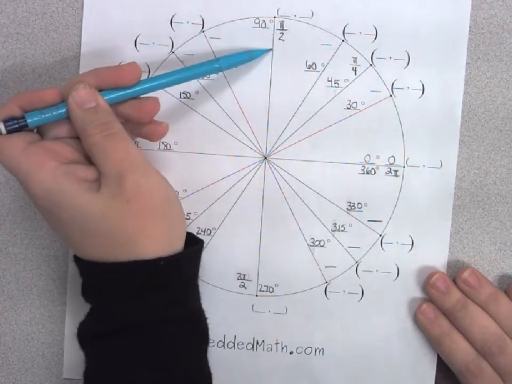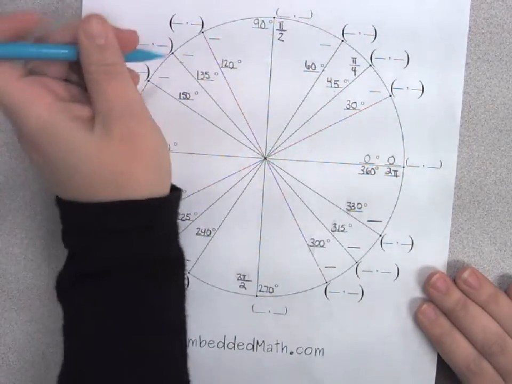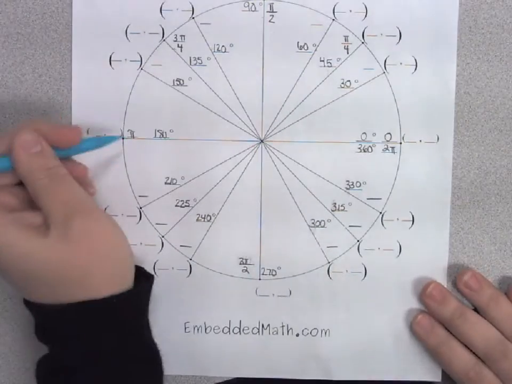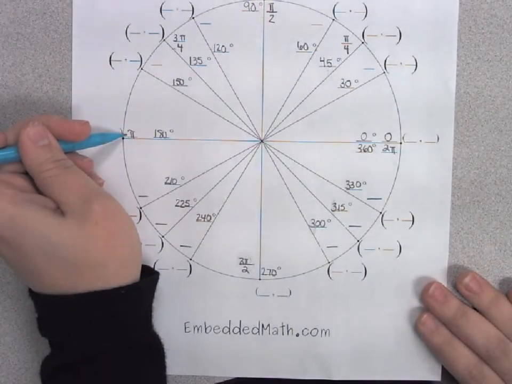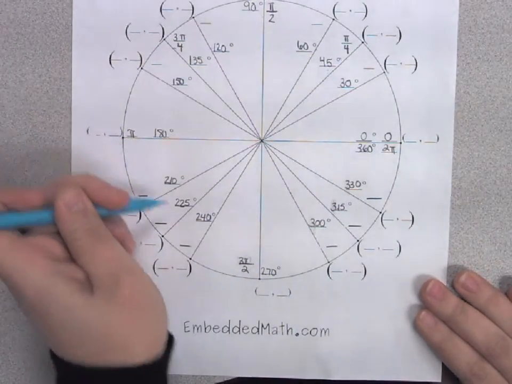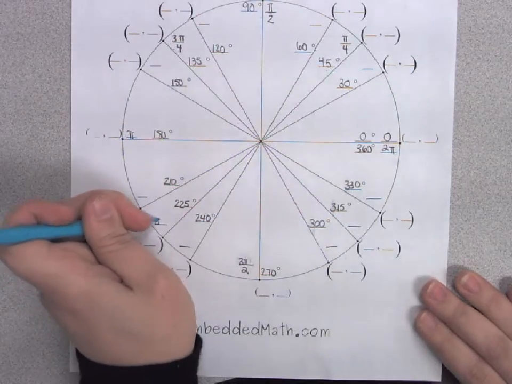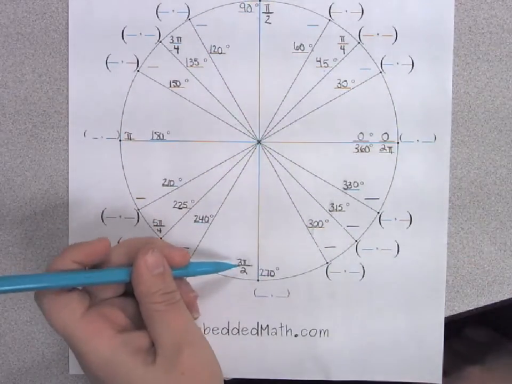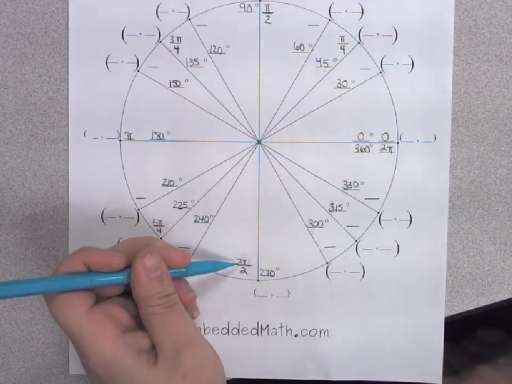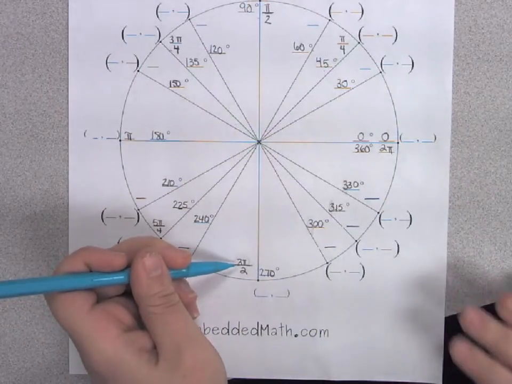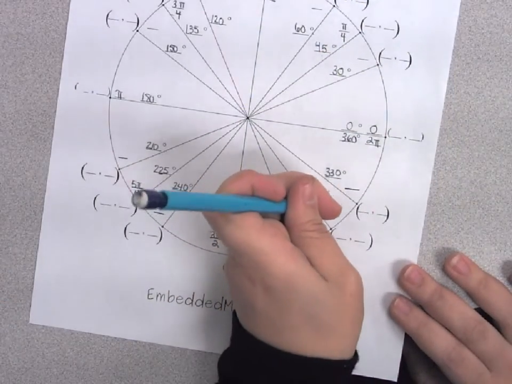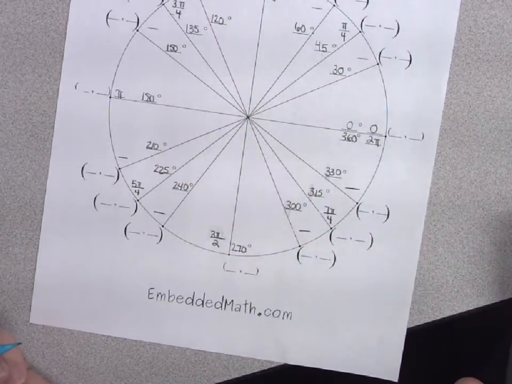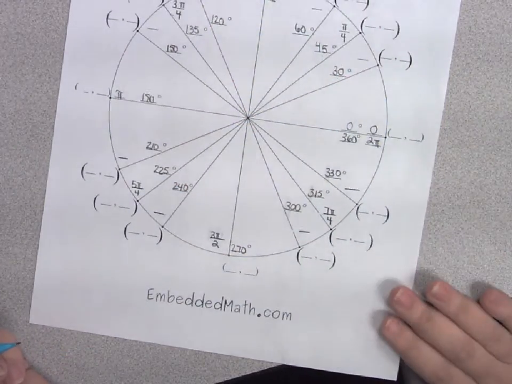This is 2/4. So this is 3 pi over 4. This is 4/4, which is 1. 4 divided by 4 is 1. What's the next middle one? 5 pi over 4. Well, the next one is 6/4. Doesn't 6/4 reduce to 3 over 2? Yeah. Then what's the next one? 7 pi over 4. And then you get 8/4, which is 2 pi. Does that make sense?